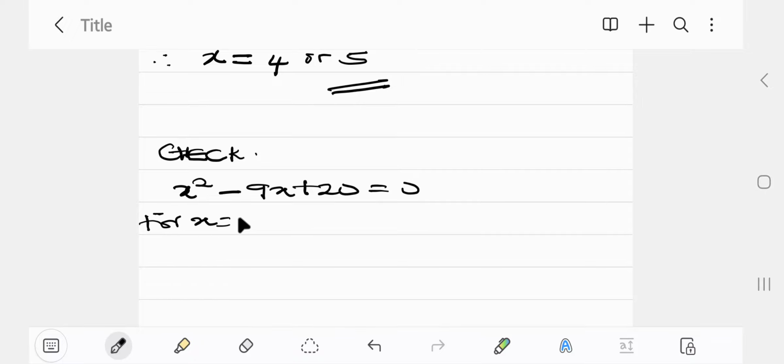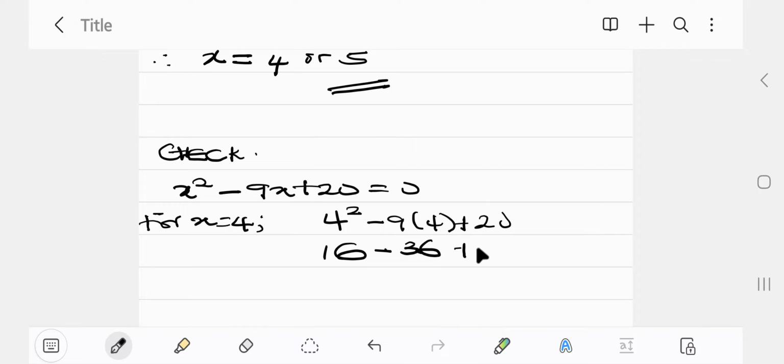For x equal to 4, we have 4 squared minus 9 into 4 plus 20. 4 squared gives us 16, minus 9 times 4 is 36, plus 20. So 16 plus 20 is 36, so we have 36 minus 36 equal to 0.